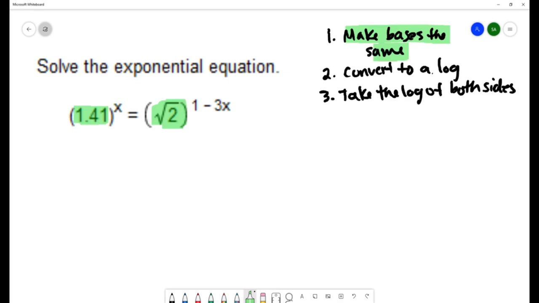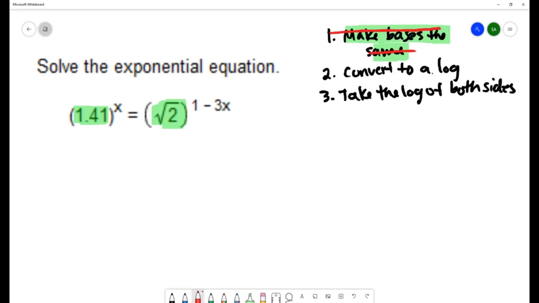So if we use the first method to make the bases the same, you will get an approximation for your answer, but not the exact answer. So I don't want to use that method. I don't want to do any estimating. I want to get the exact answer. So I'm going to skip that first method.